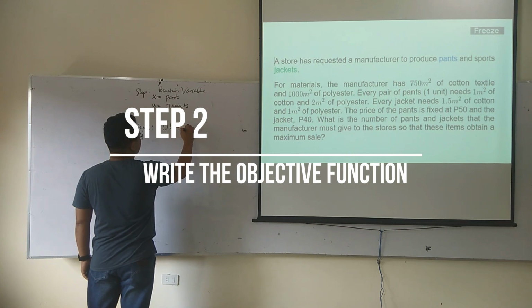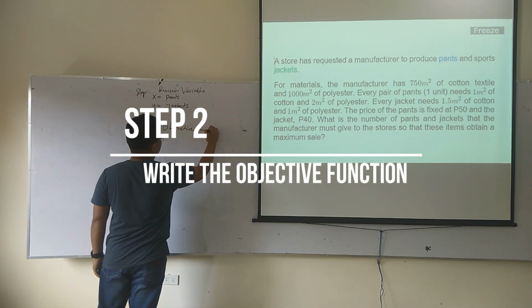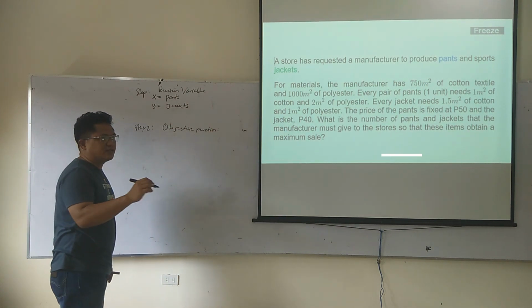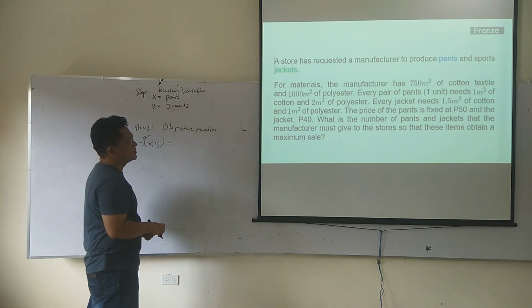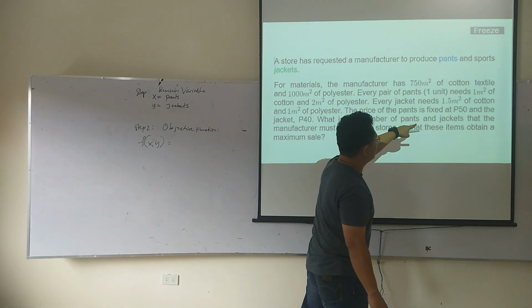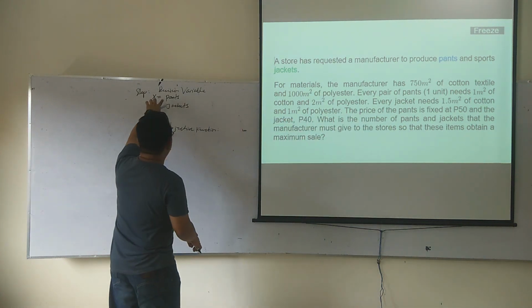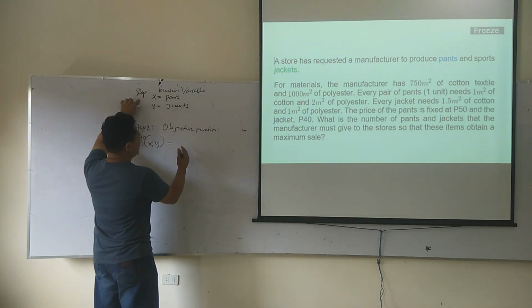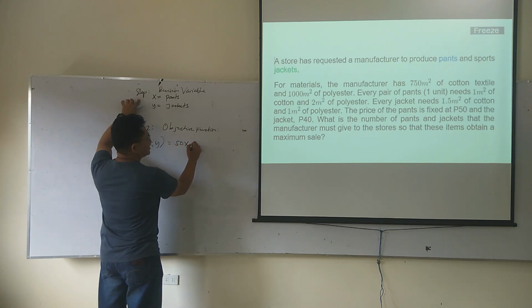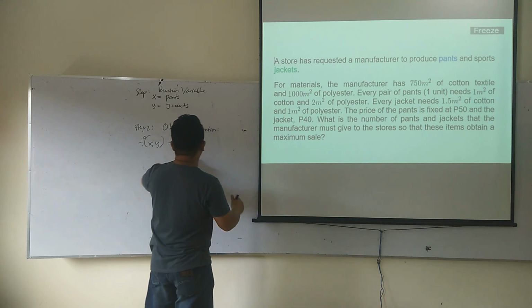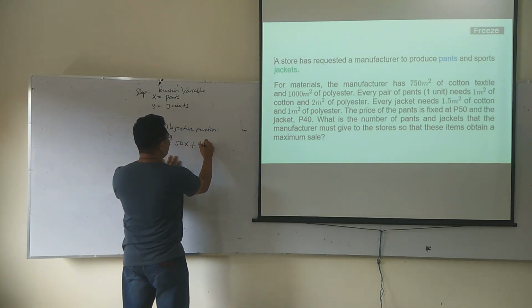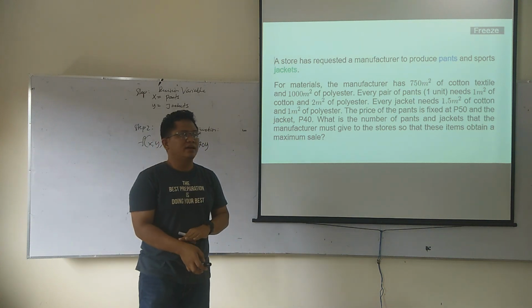Step 2: write the objective function. Our objective function here is f(x, y), where the price of the pants is fixed at 50. Our pants here is x, so 50x. And the price of the jacket is 40, so plus 40y equals the maximum.